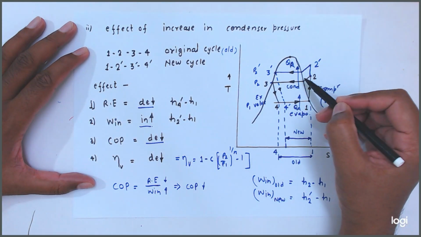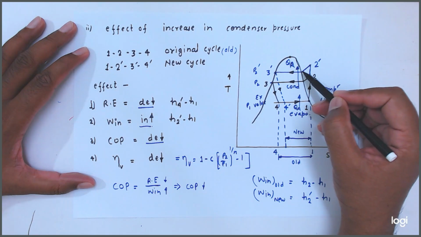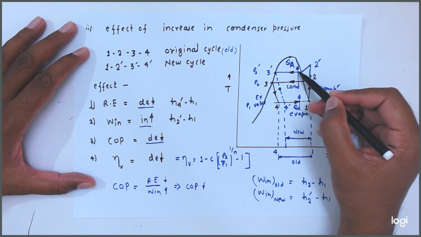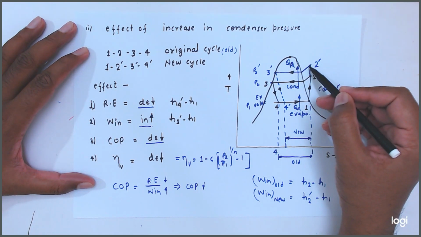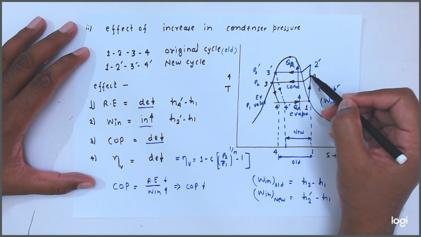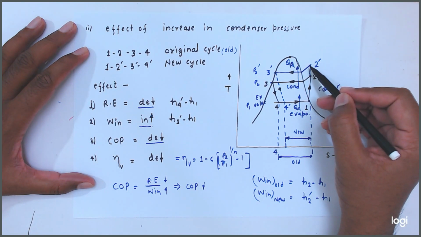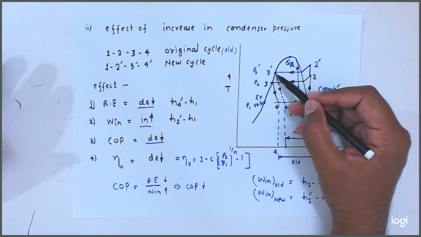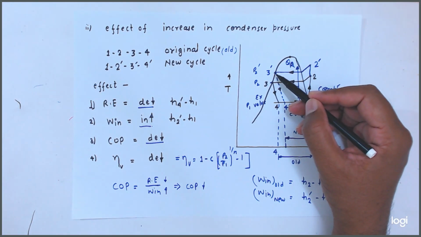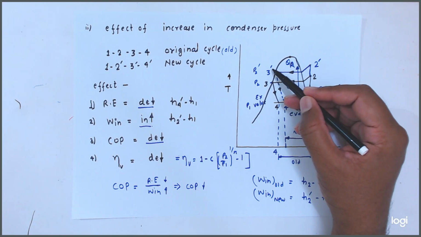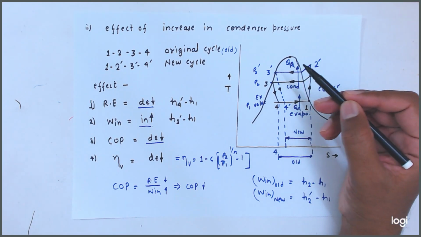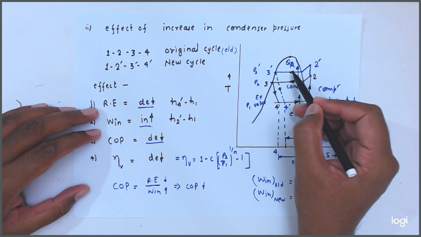Now the pressure has increased, condenser pressure has increased. Let's suppose this point is increased to 2 dash, and here this point is increased to 3 dash on the saturated liquid line. So this is the new pressure. Getting friends?